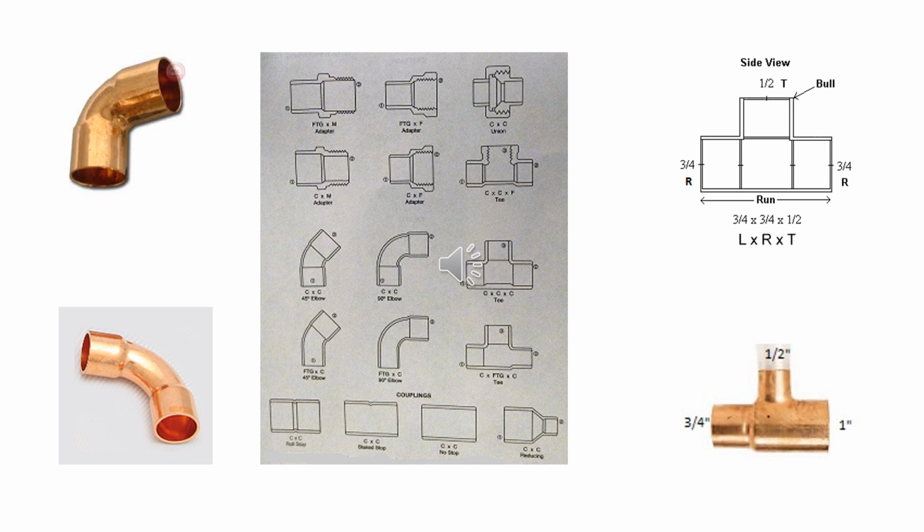So the reducing tee on the slide would be called a 1 inch C by a 3/4 inch C by a 1/2 inch C reducing tee. If you were ordering a tee that is uniform in size, say you wanted the run and bull or branch to be 3/4 inch, all you would have to say is I want a 3/4 inch copper tee.